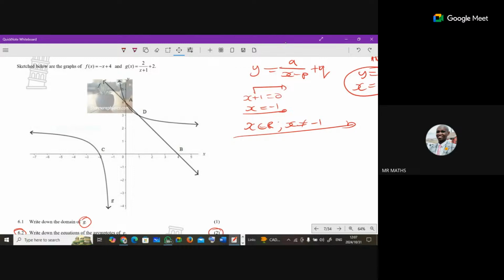So to get the asymptotes, always remember that q and p define the asymptotes. q defines the one for y, and p the one for x. So you need to know the value of p.